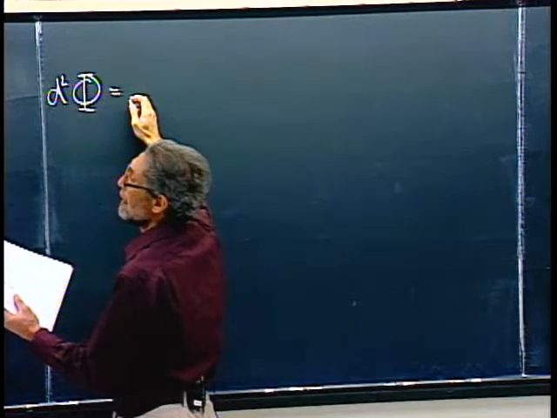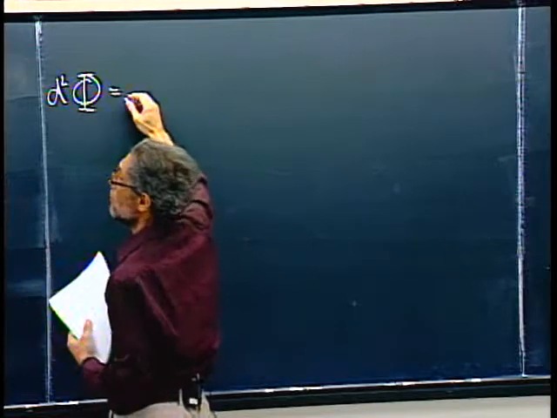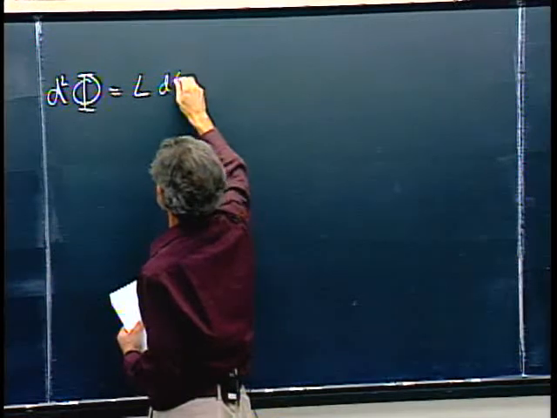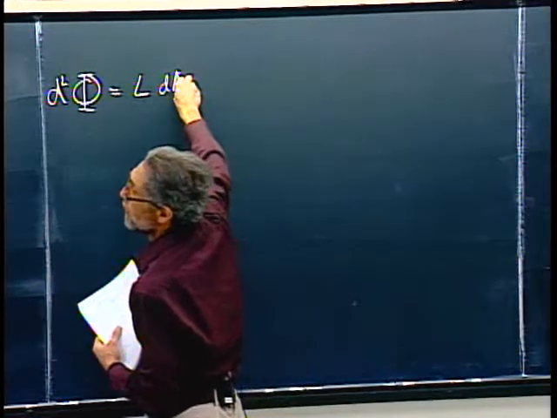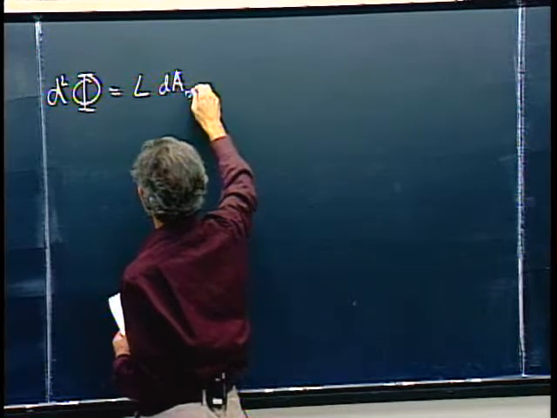We can look at that first line there and say that's equal to this number L times dA, which one is that? Yeah, this is the dA_x, say.